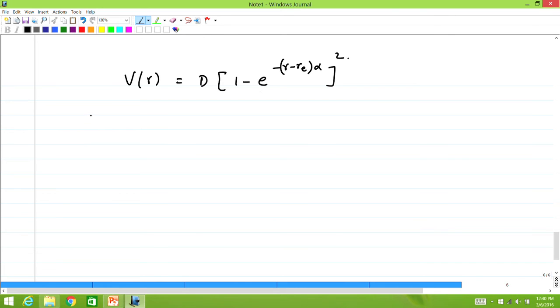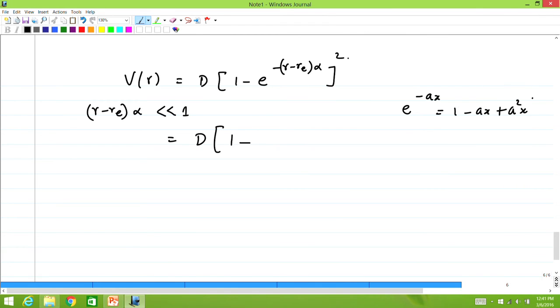Suppose alpha times R minus RE is much less than 1, it is easy for us to expand this. Please remember exponential of minus AX, when AX is much less than 1, is 1 minus AX plus A square X square by 2 minus and so on. We are looking at small values, therefore we stop with that.